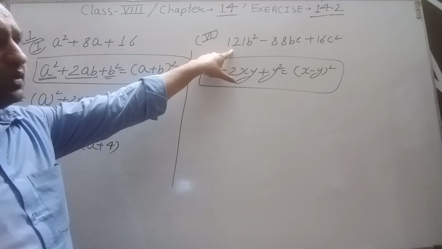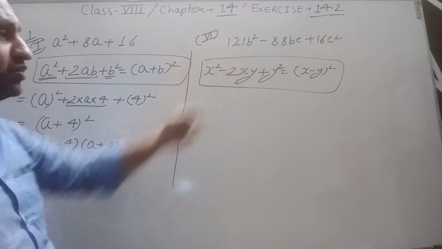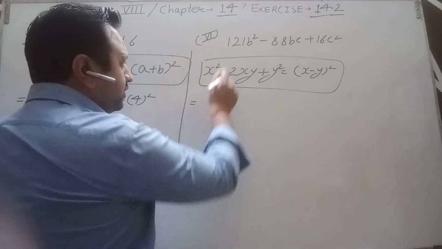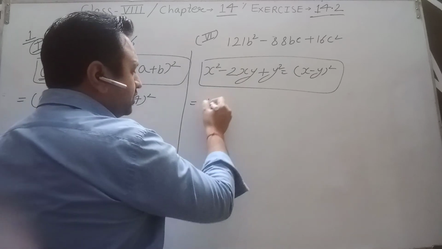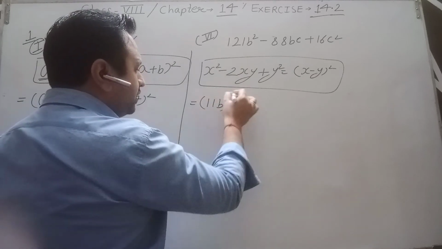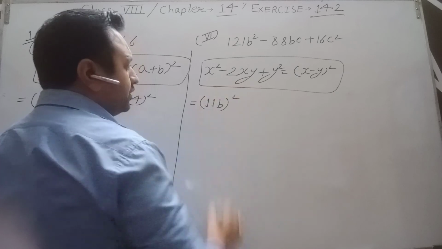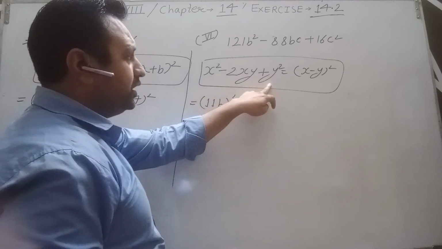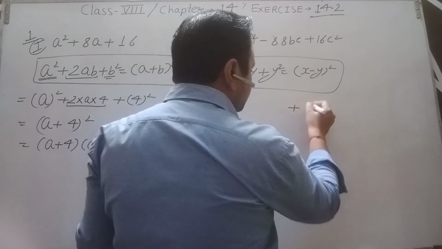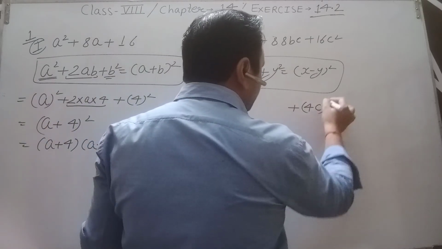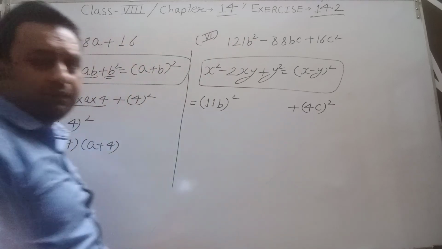Now for using the identity we require two perfect squares, in which 121b square. So we note down in the form of a square. 121 is the square of 11, so we note down 11b whole square. Second, y square, 16c square. 16c square means 4c whole square. Now complete the identity.